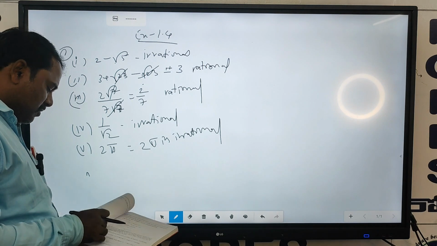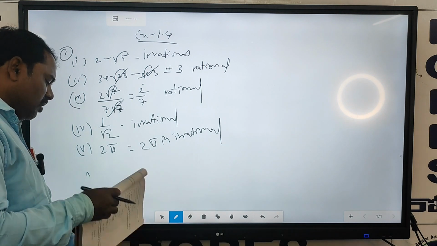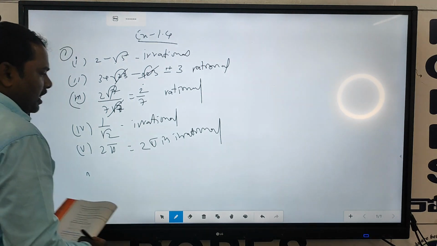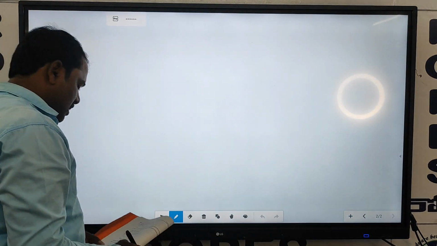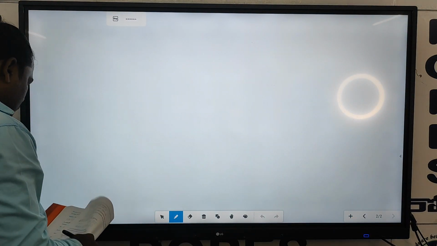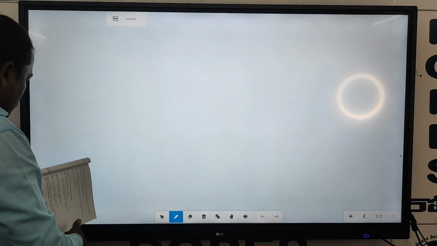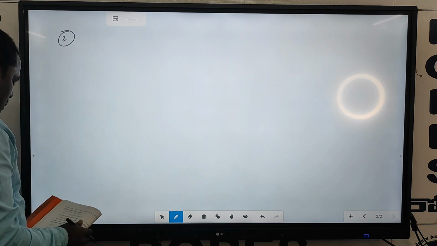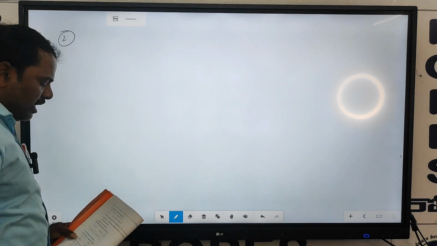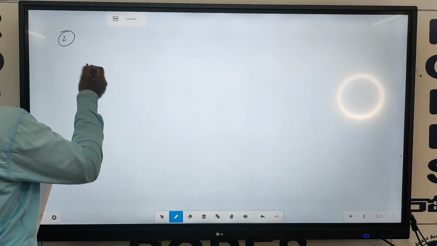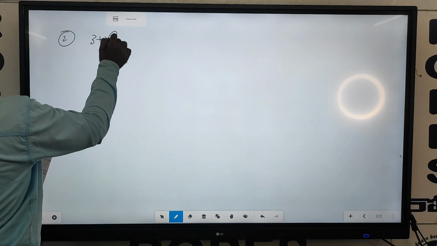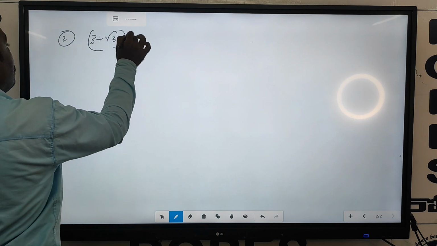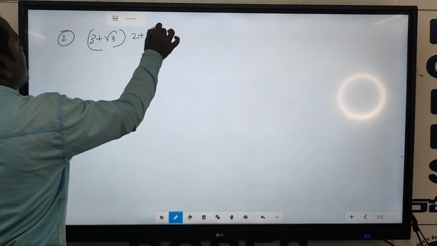If we observe some more example problems, see here, second question: simplify the following expressions. (3 plus root 3) into (2 plus root 2).